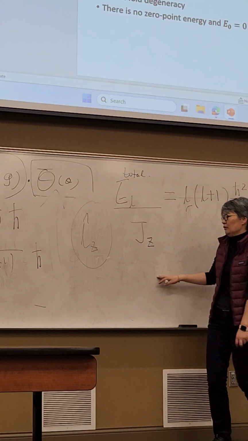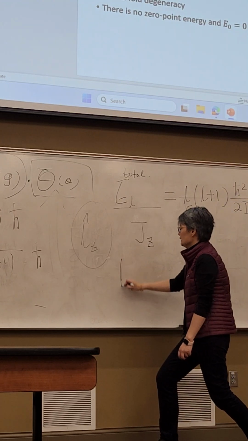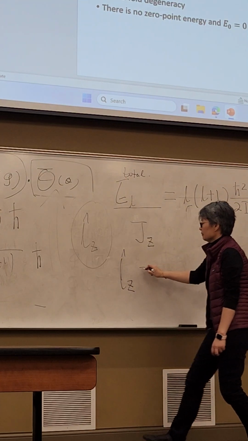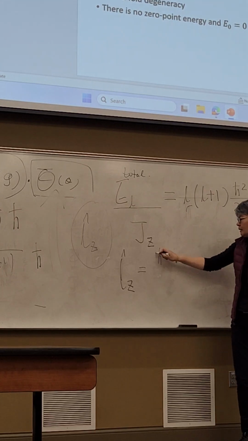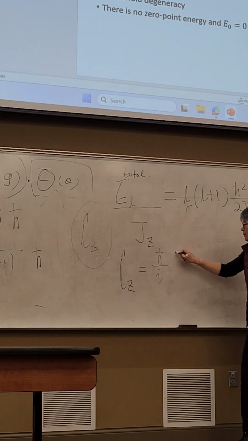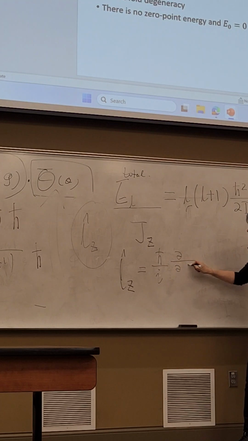Now what is the operator for the z component? It will be h bar over i times the derivative with respect to the variable phi.